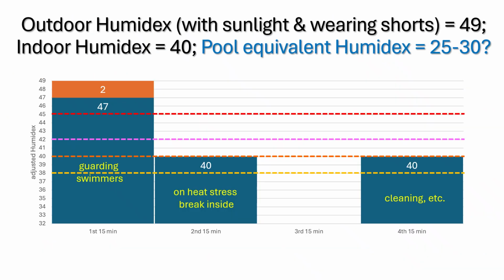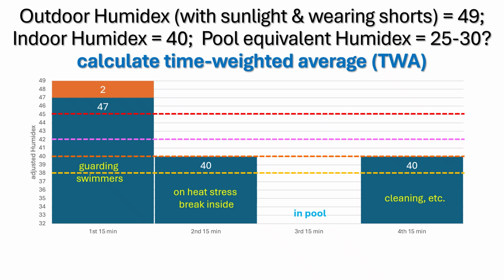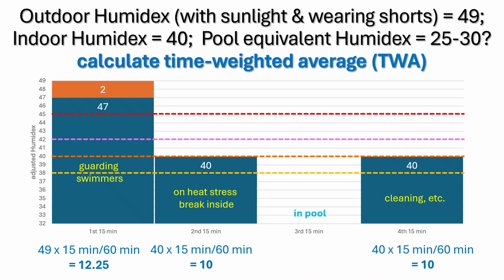So we'll do the calculation over again, however this time having 15 minutes in the pool. So here we go, calculating the time-weighted average the same as before, the 15 minutes guarding, the 15 minutes working indoors, and the 15 minutes in the pool, and we'll assume the top end of our range here of a Humidex of 30, but I think it's probably lower than that.